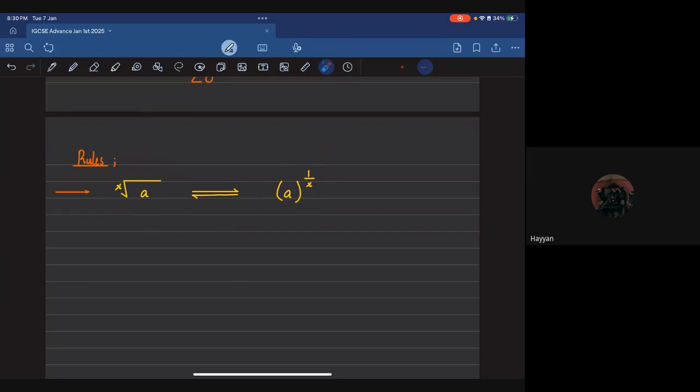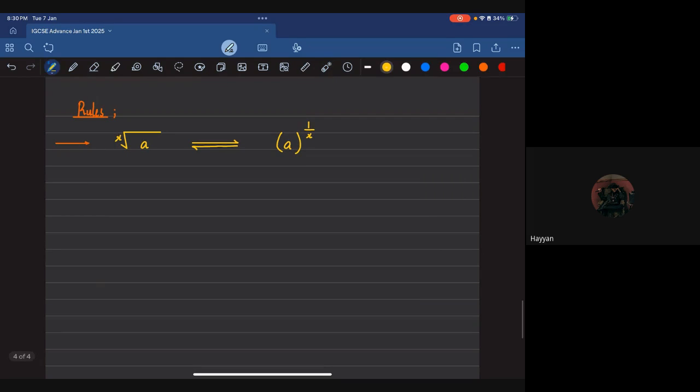The fraction is always 1 over whatever the power was; the numerator has to always be 1. So this is an interchangeable relationship between your index form and your surd form. This is your surd form, this is your index form.